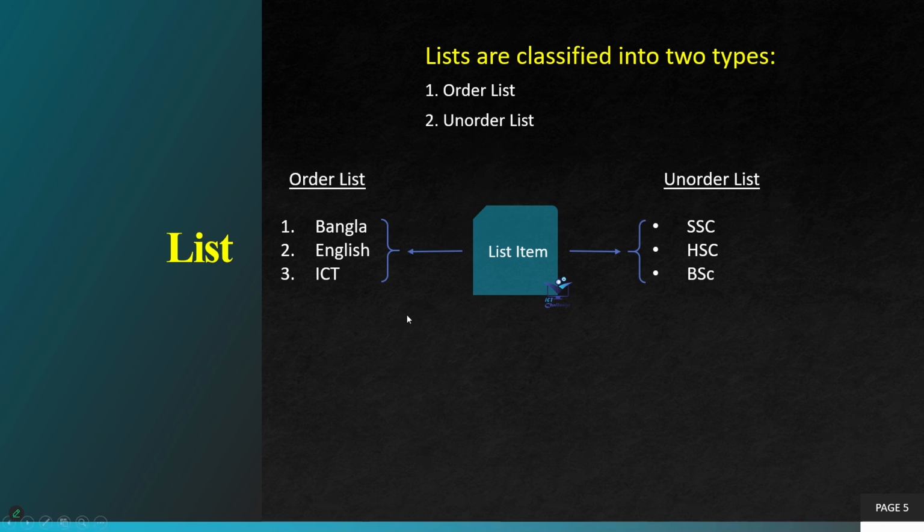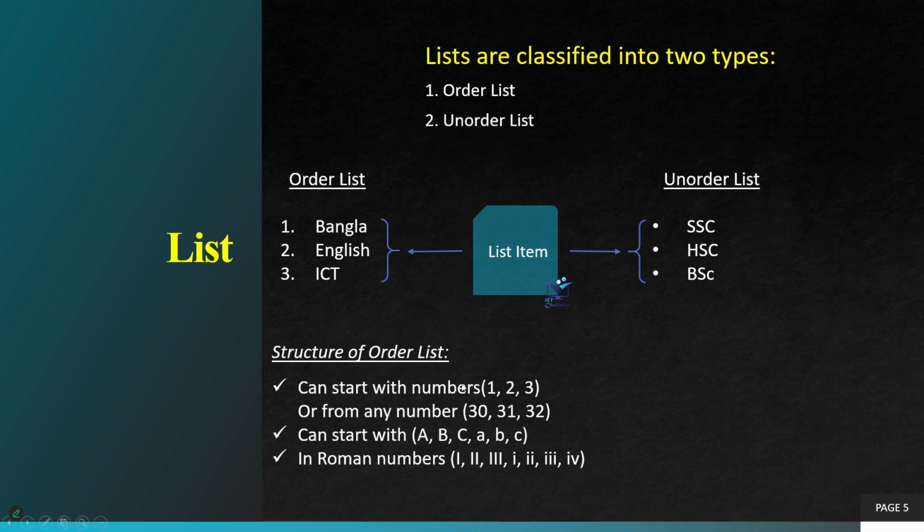Okay, then the structure of the ordered list can be of many types. The structure can start with 1 2 3, but it can also start with any number like 30 31 32 or 50 51 52 or many more, or this list can start with ABC, uppercase and lowercase.